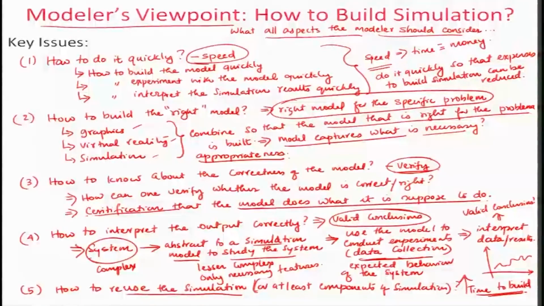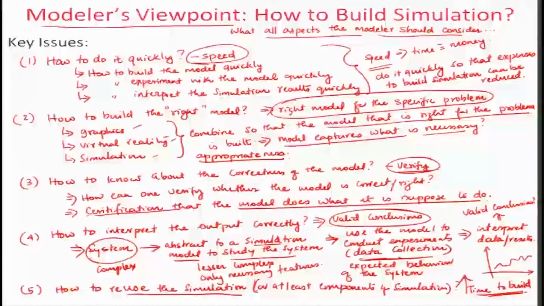So, once you build a simulation, you are more interested in reusing it, because the more you reuse it, the more you reduce the time to build the next simulation model. If you can reuse it, then your problem becomes much easier. So, from a modeler's viewpoint, these 5 are the major key issues when it comes to building a simulation.